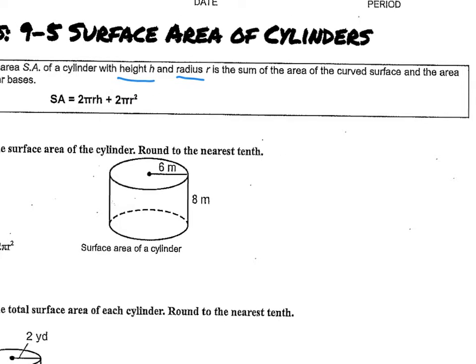Well, you can plug all of this into your calculator. So 2 times 3.14, which is pi, times 6 times 8, plus 2 times 3.14 times 6 squared. That's a lot.